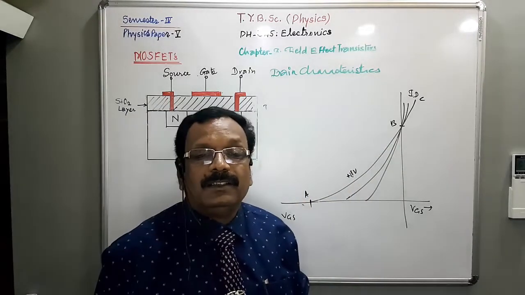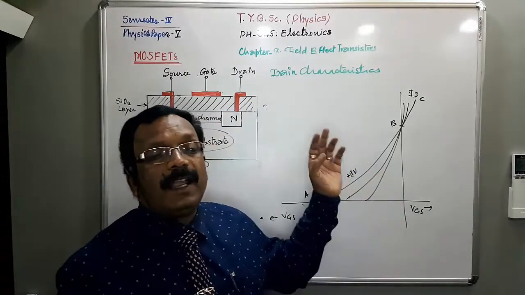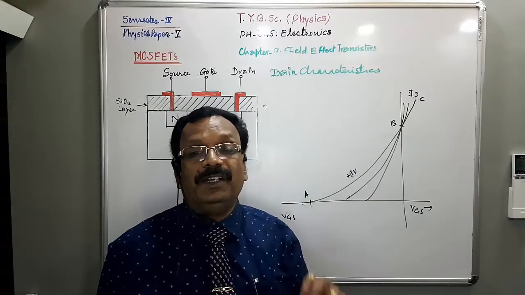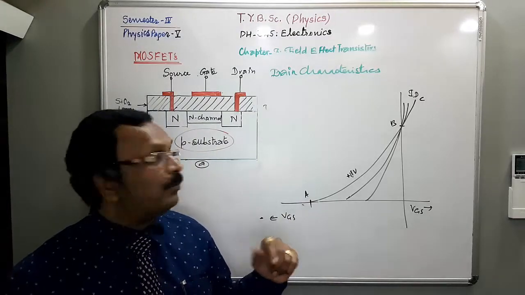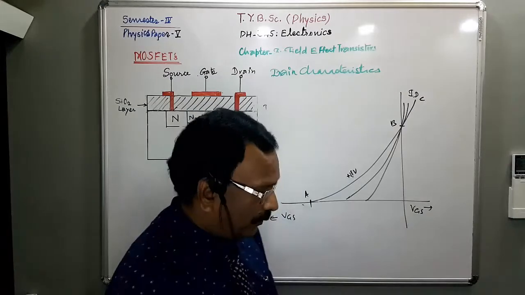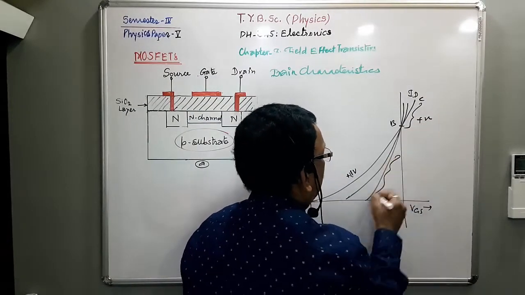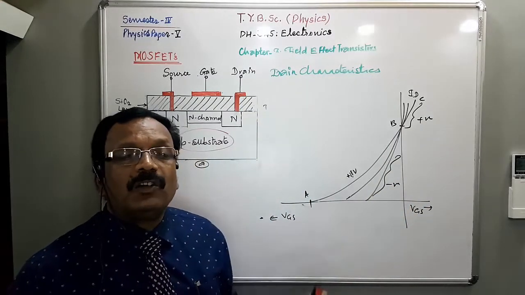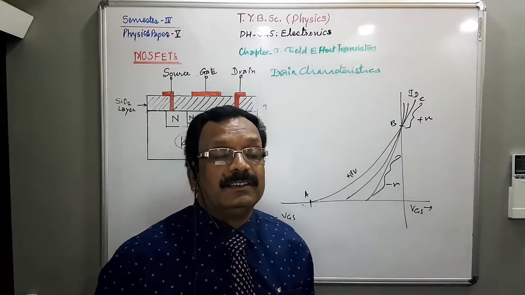And in this way, these curves show the relation between drain current ID and gate to source voltage VGS for different constant values of VDS, that is the drain to source voltage. And these curves are plotted for both negative and positive values. This is a positive value and this is a negative value. So these curves are called transconductance curves.